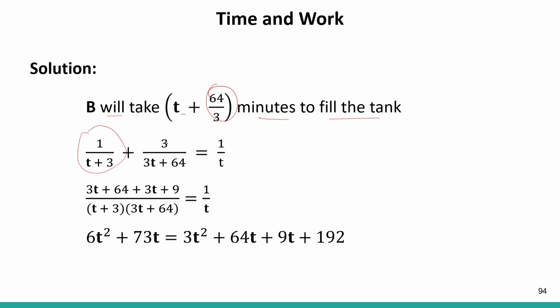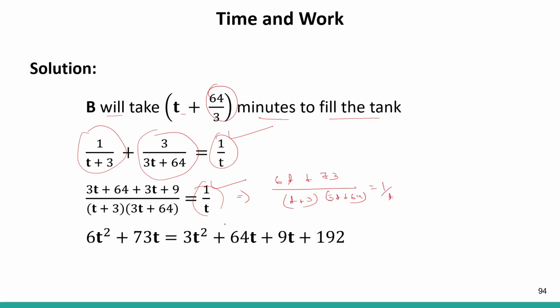So 1 by T plus 3 plus 3 by 3T plus 64 is equal to 1 by T. So 3T plus 64 plus 3T plus 9 whole by T plus 3 into 3T plus 64 is equal to 1 by T. Solving it further, 6T plus 64 plus 9 is 73, so 6T plus 73 whole by T plus 3 into 3T plus 64 is equal to 1 by T. So 6T square plus 73T is equal to 3T square plus 64T plus 9T plus 192.